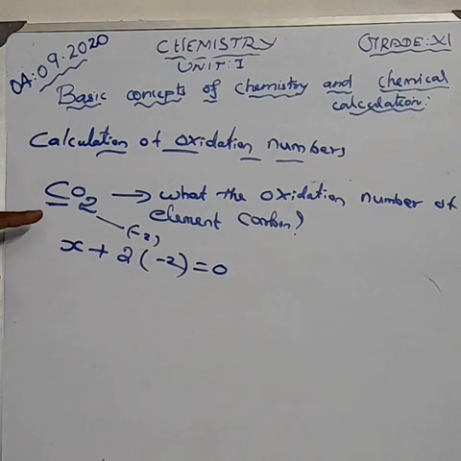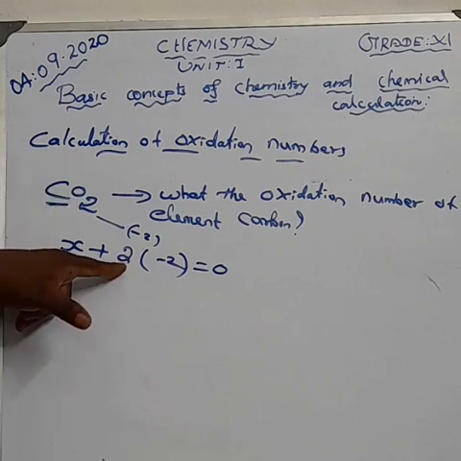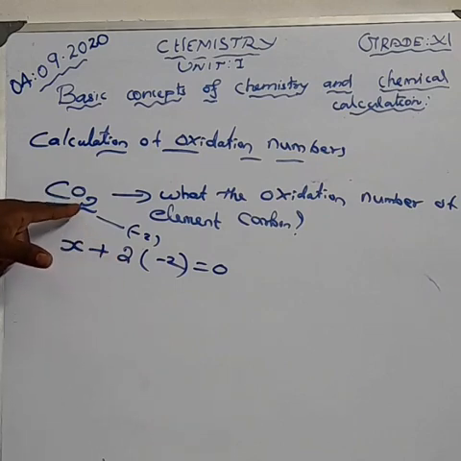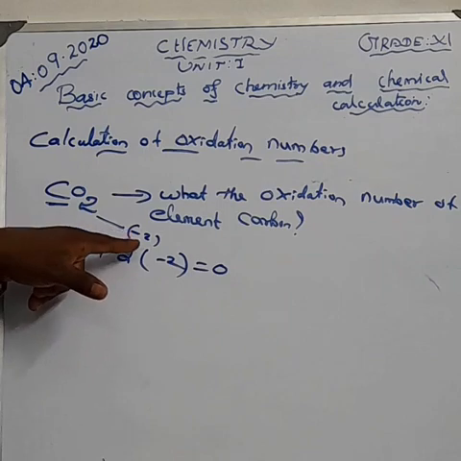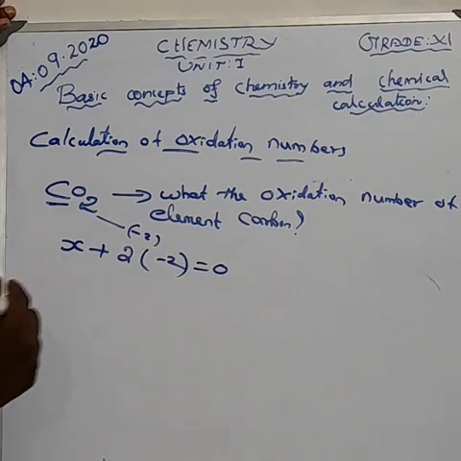Which element you want to find out should be taken as X. The oxidation number of oxygen is -2, which should be learned by heart. So 2 into -2. Clear?